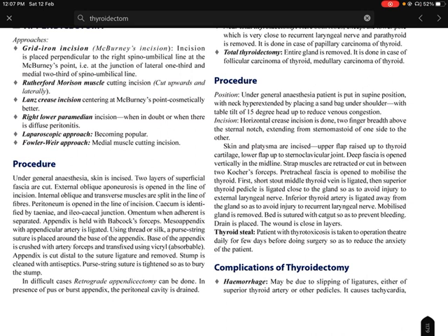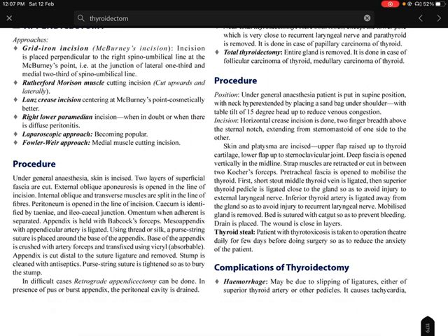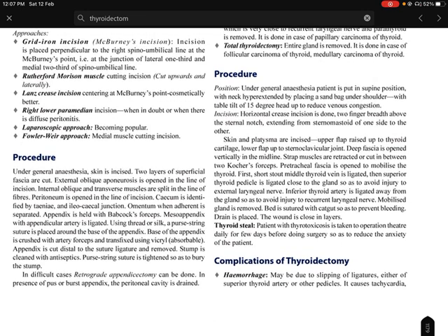The upper flap is raised up to the thyroid cartilage and the lower flap to the sternoclavicular joint. The fascia is opened vertically in the midline, and the strap muscles are retracted or cut to gain access. The pretracheal fascia is opened to mobilize the thyroid.